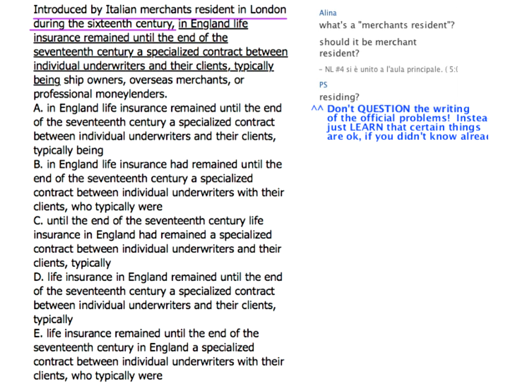What was introduced by Italian merchants in London? Yeah, life insurance was, right? So, yeah, exactly. So introduced by Italian merchants in London, comma, blank. So that's going to have to be life insurance.